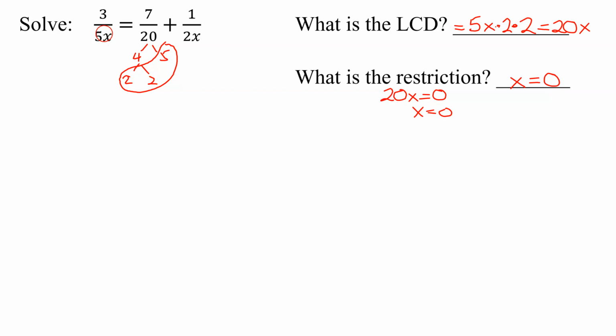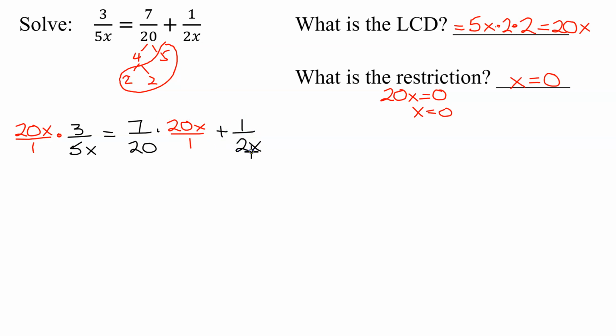So now we're going to multiply all 3 terms by my LCD. So I've got 20x, and since I'm multiplying it by fractions, I'm going to put 20x over 1 times my first term of 3 over 5x equals 7 over 20 times my LCD again of 20x over 1 plus 1 over 2x.